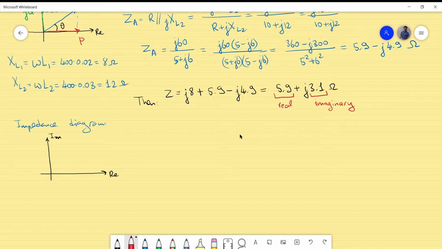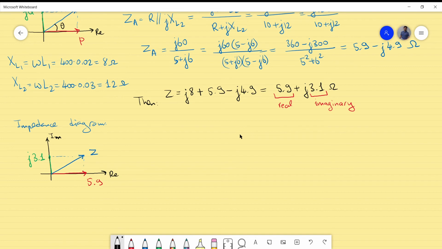So there is the real part, which is 5.9 long, and there is also the imaginary part, which is J 3.1, and the summation of this vectorially will produce the value of Z.